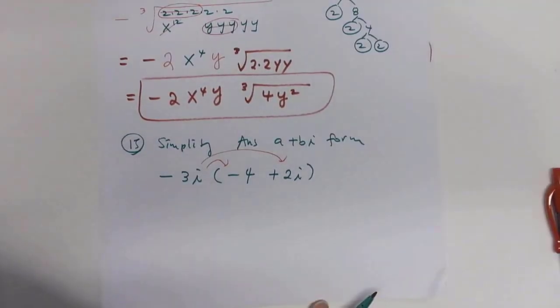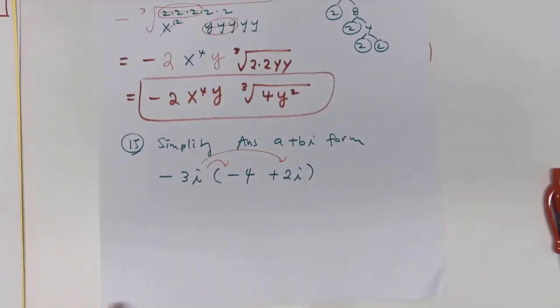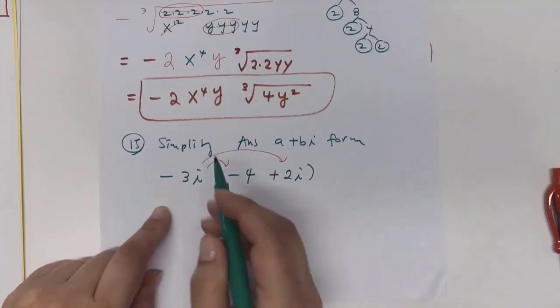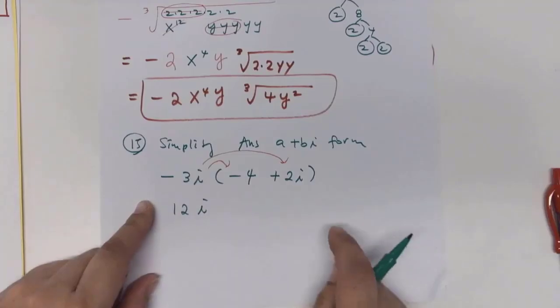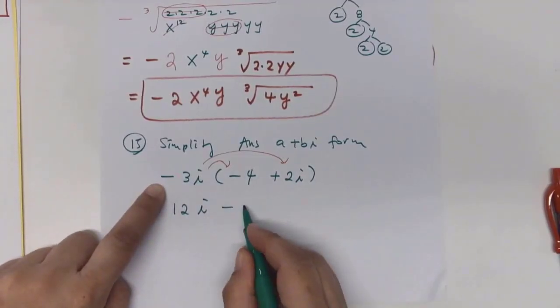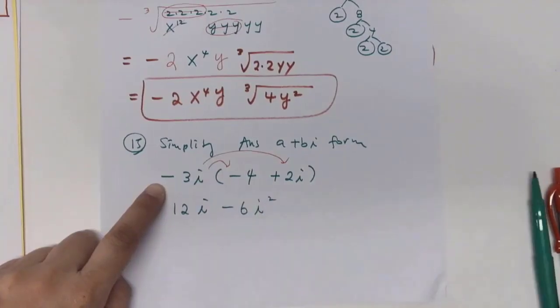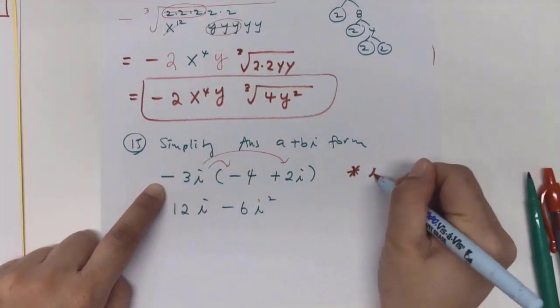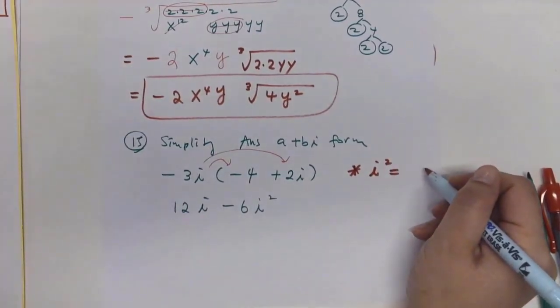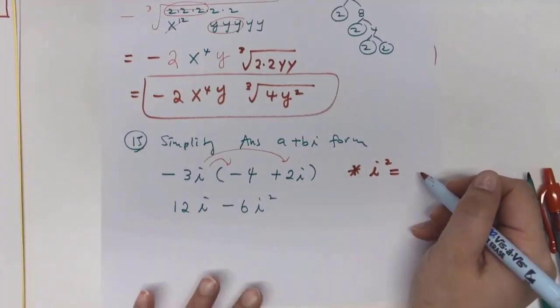When we multiply, what are we going to get? Positive 12i, okay? And then the second term would be negative 6i squared. Anybody remember what i squared is? I know it's been a while. i squared is negative 1.